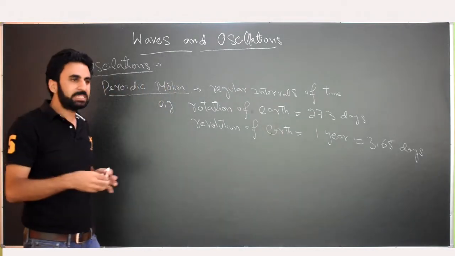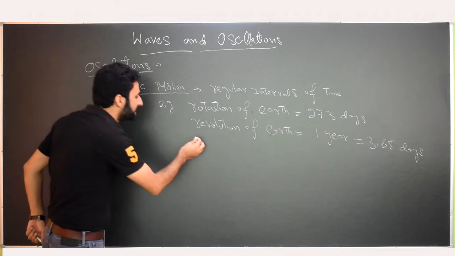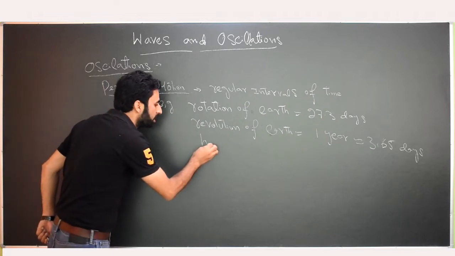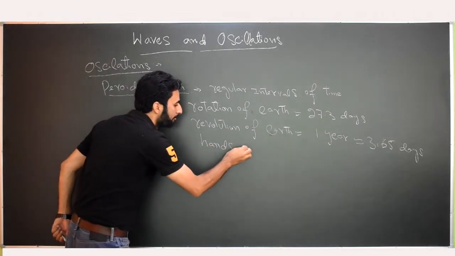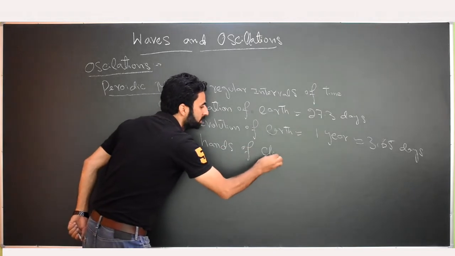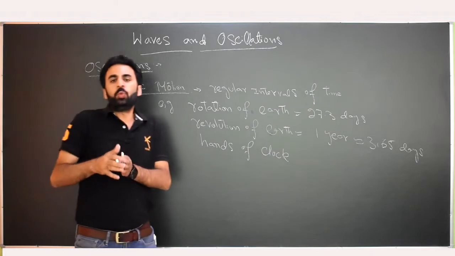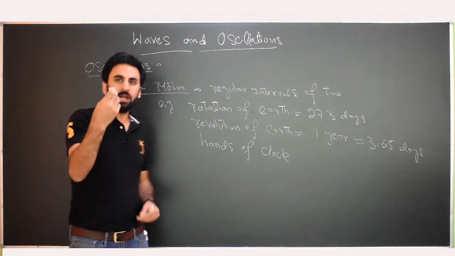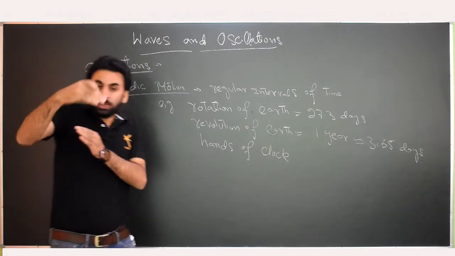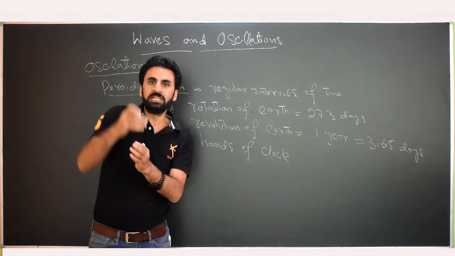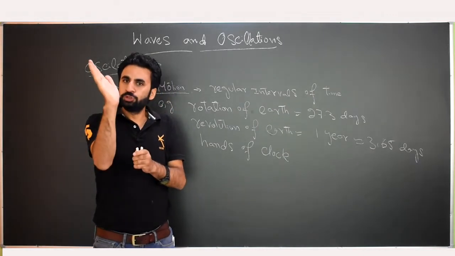Similarly, we can have various other examples, like the hands of a clock. Suppose we take the hour hand. It takes 12 hours to repeat its position. Suppose the hour hand is currently at position 1.